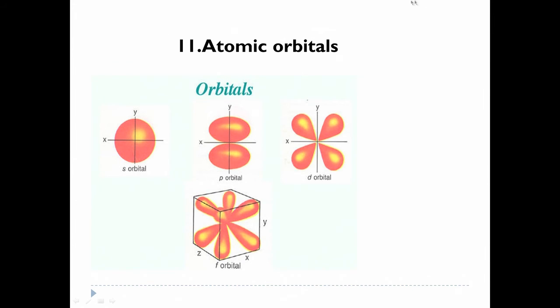Similarly, there are 3 p orbitals, because one would be along the x direction, another in a perpendicular direction, another in the vertical direction. The d orbitals are further splittings.